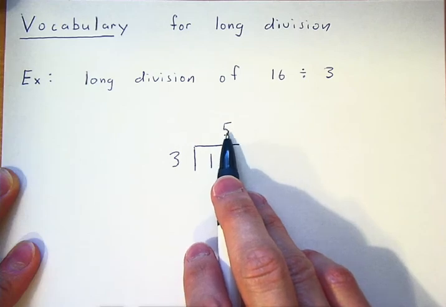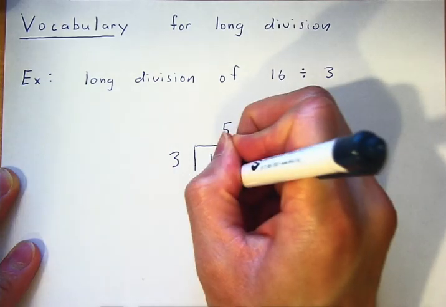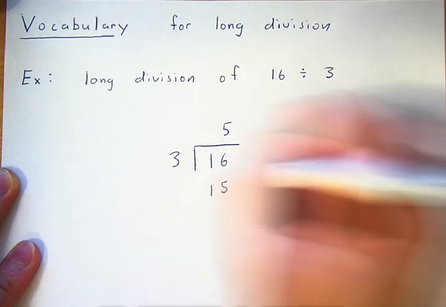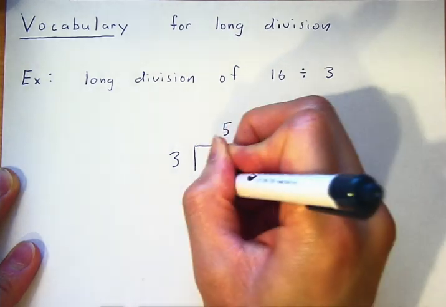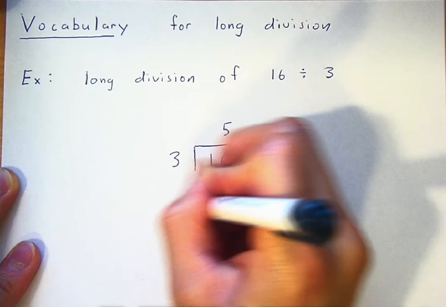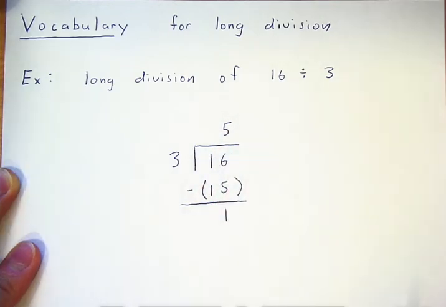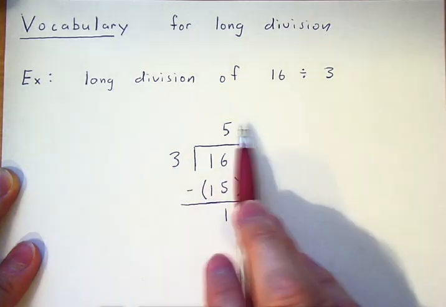Then you do 5 times 3 to get 15. I'm going to subtract to get 1. So 16 divided by 3 is 5 remainder 1.